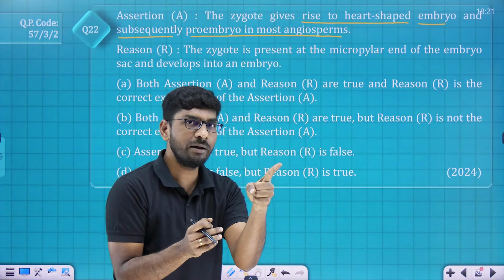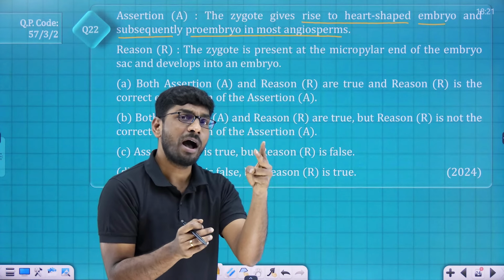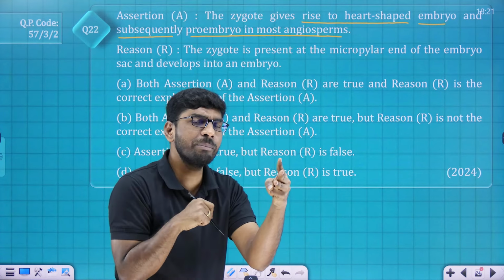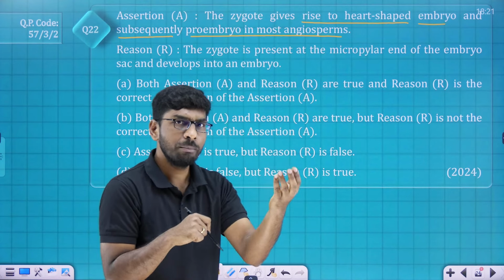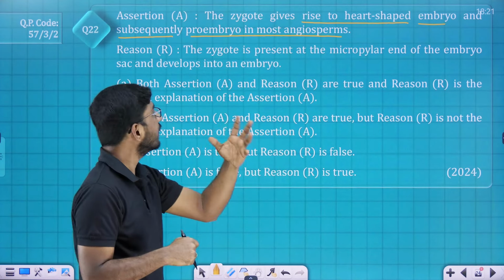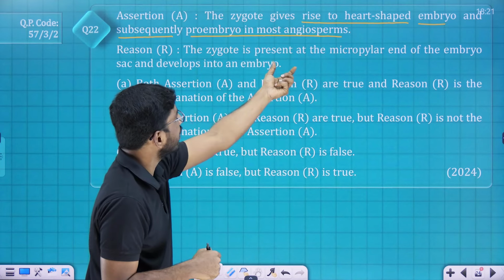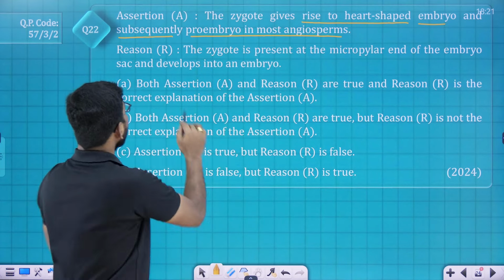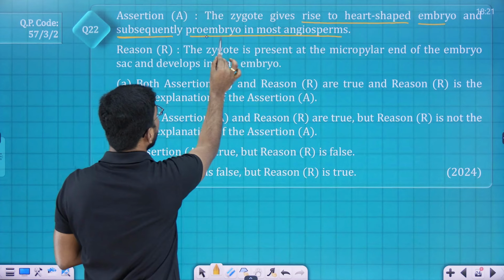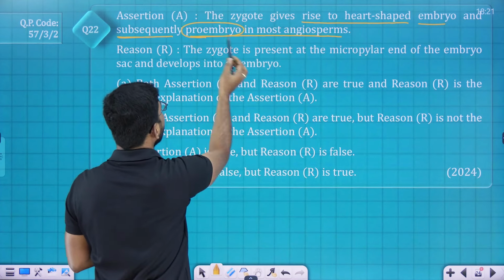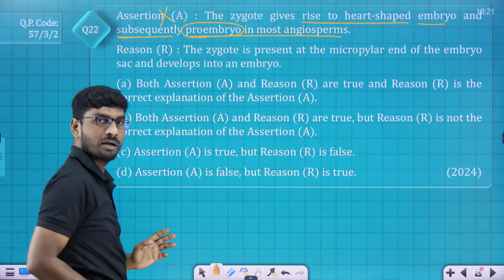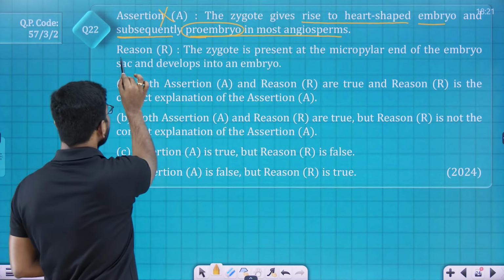First is globular, after that heart shape, after that matured embryo. But in the assertion, they mentioned the zygote gives rise to a heart-shaped embryo and subsequently a pro-embryo. Sir, it is a matured embryo, so the assertion is wrong.